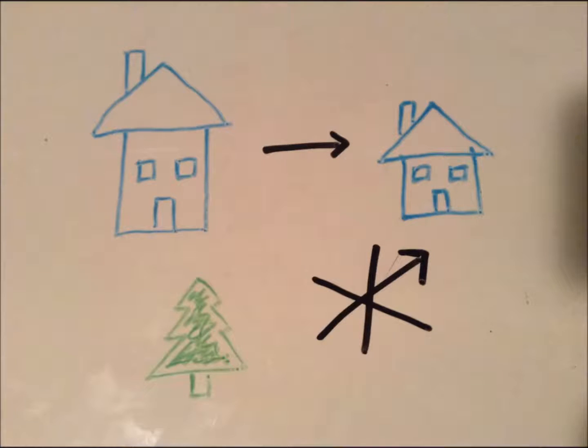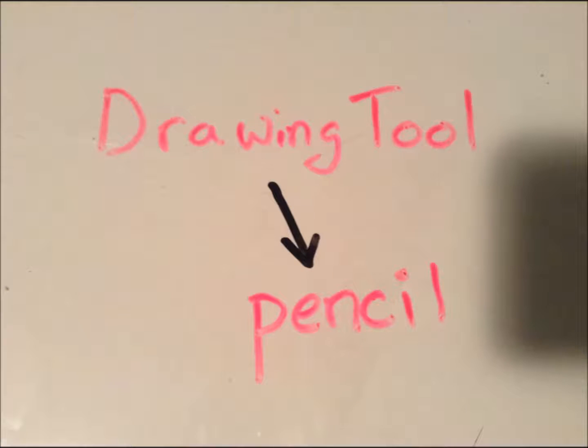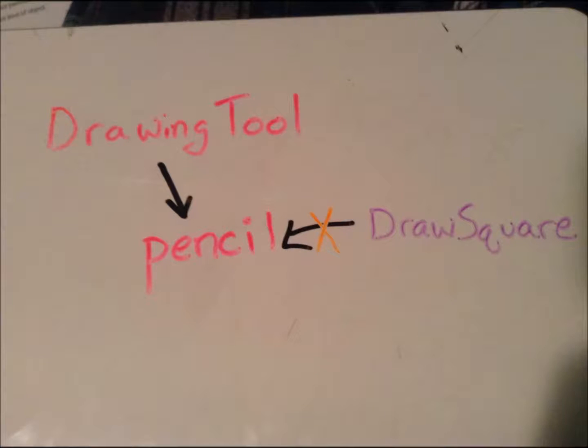Each object must belong to one particular class, and the object is said to be a member of the class to which it belongs. The pencil object belongs to the DrawingTool class. This means that the pencil object is permitted to perform DrawingTool methods. This also means that the pencil object is not permitted to perform DrawSquare methods. These methods are designed for a different kind of object.